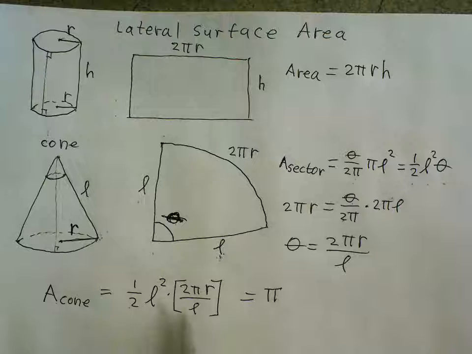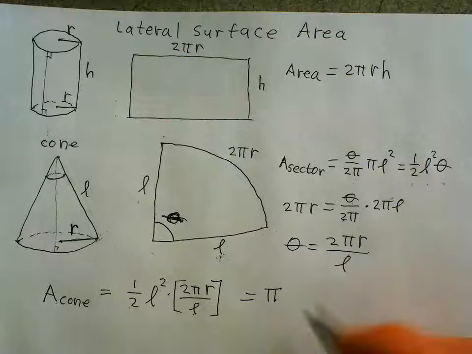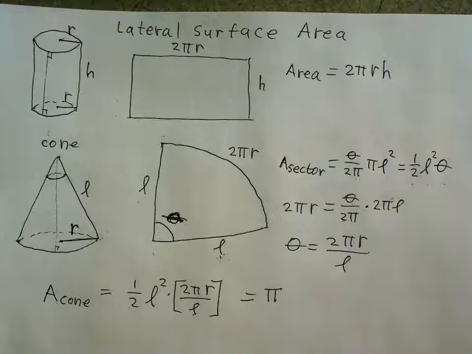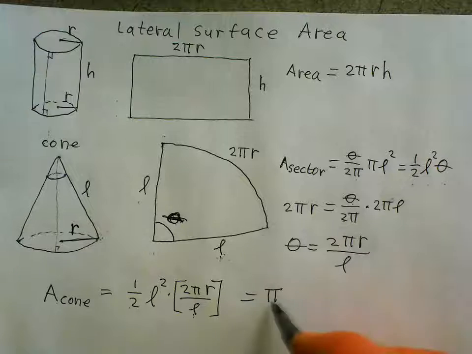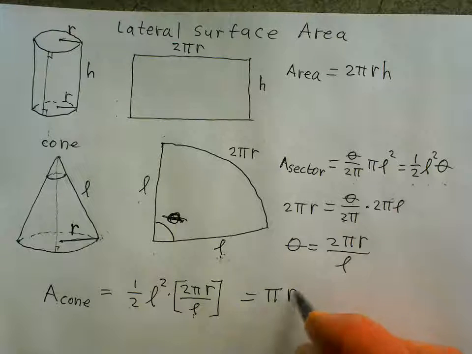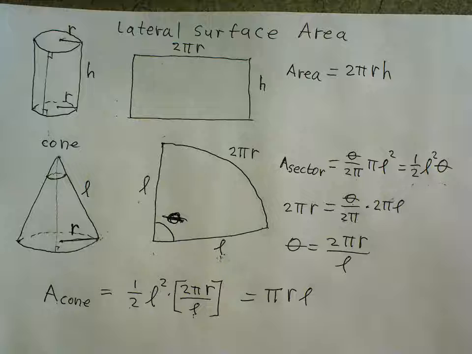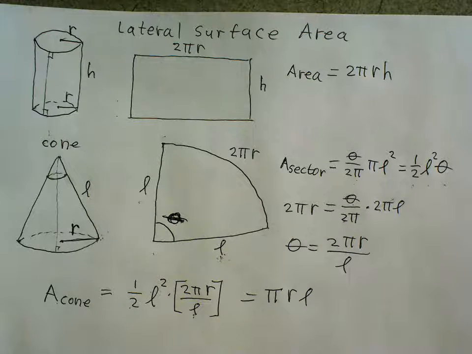L squared divided by L is L, and then we multiply that by r. So we get pi times r times L for the lateral surface area of a cone. That's pretty nice.